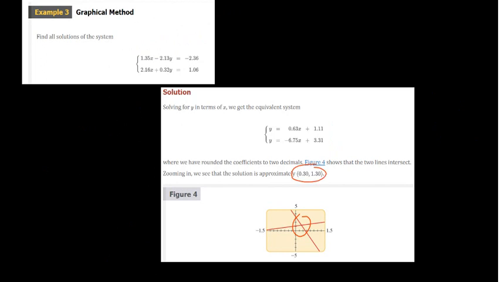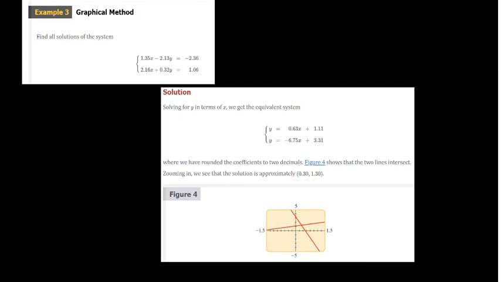Another instance of hand waving, but that is just the solution. It's where they intersect. And to be honest with you, I haven't done intersect on my calculator in a long time, so I couldn't even tell you how to get to that. I'm sure a quick Google search and maybe 2 minutes of research can figure that out.